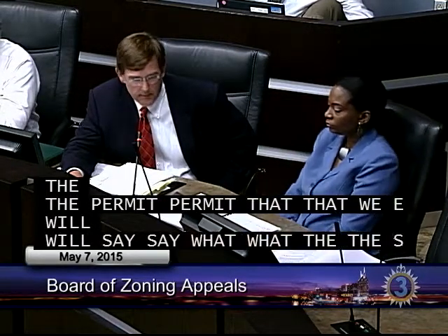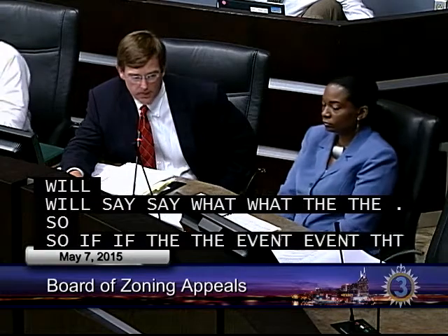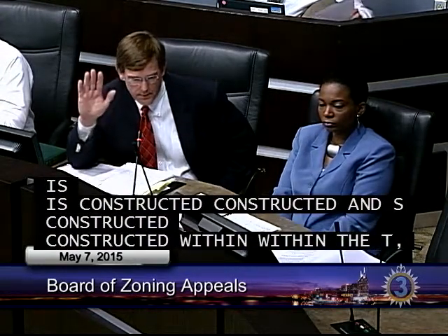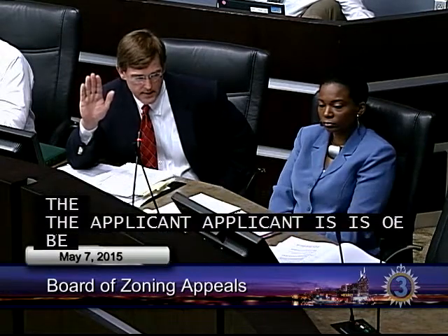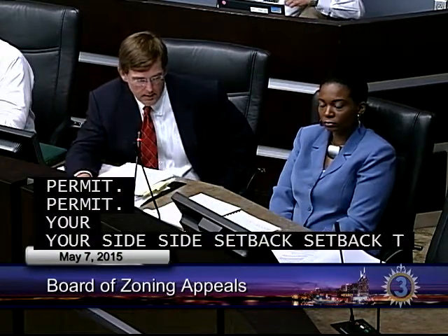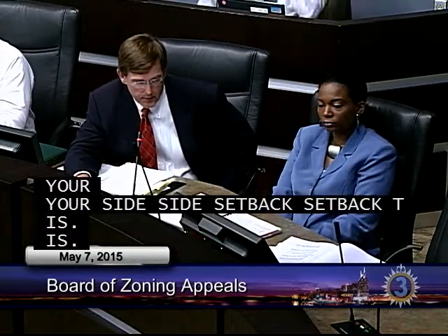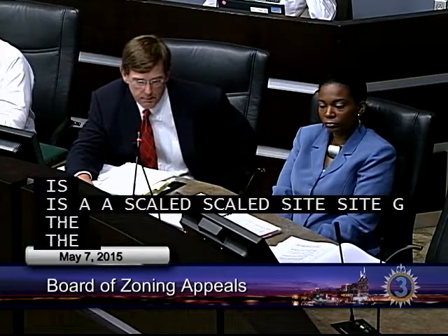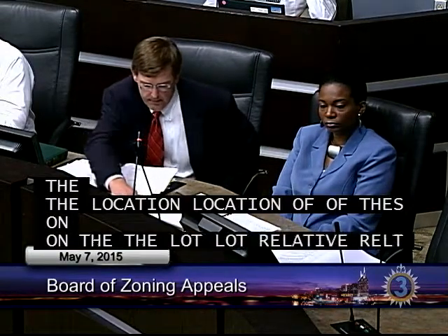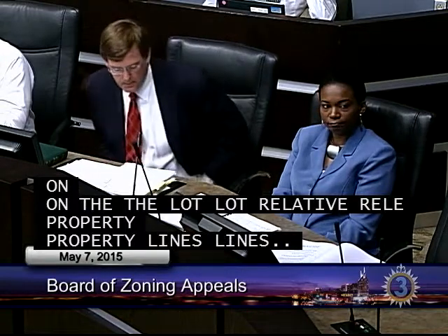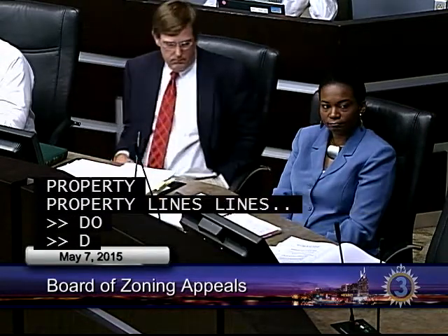So in the event that something is constructed and it's constructed within the setback, the applicant is on notice because it's on the face of the permit. Your side setback is whatever it is. So that's what we require, is a scaled site plan showing the location of the structures on the lot relative to the property lines. Have a bona fide site plan.